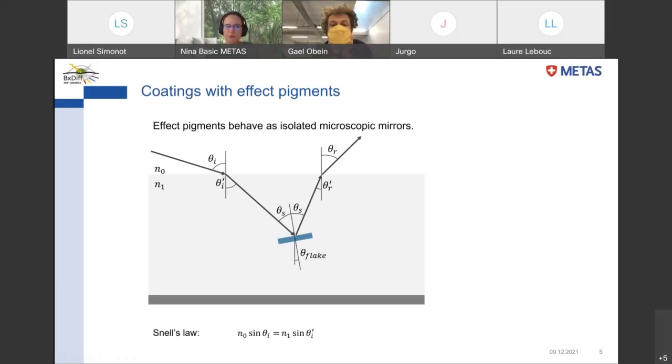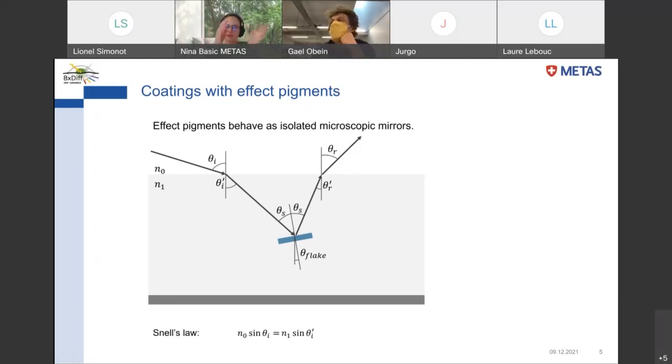We have this border between the air and the binder. It refracts, according to Snell's law that's written down here. It goes through the binder, it hits the flake, and then on the flake, the light is specularly reflected.